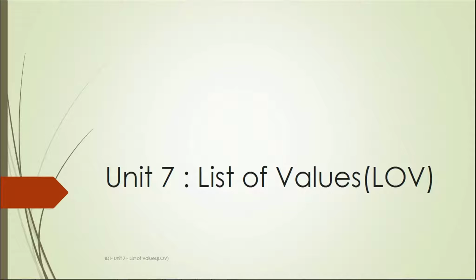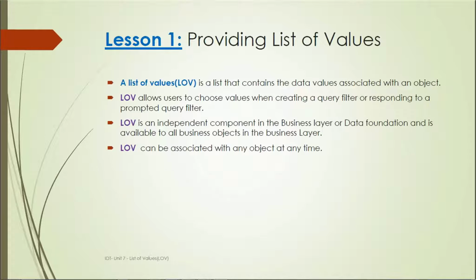So in this video we will learn about what a list of values is, how it is used in a universe design process, and how it can be useful for parameters and other things while developing universes. A list of values is a list that contains the data values associated with an object.